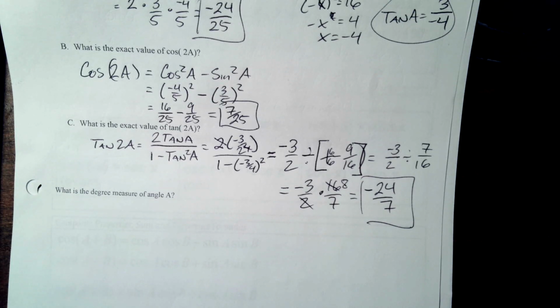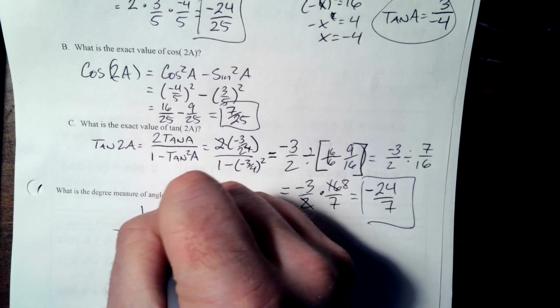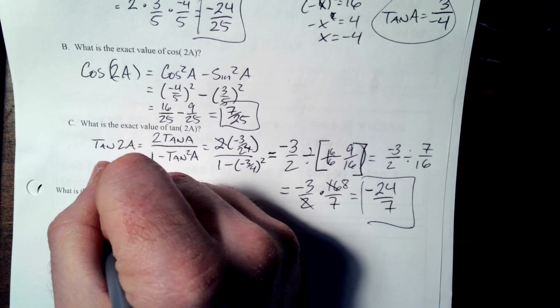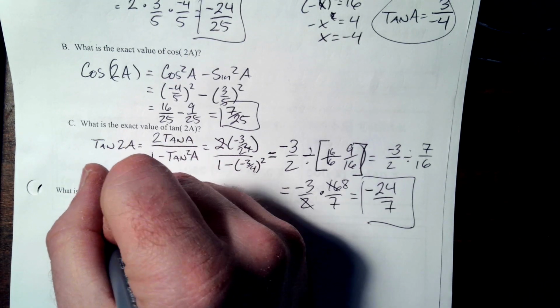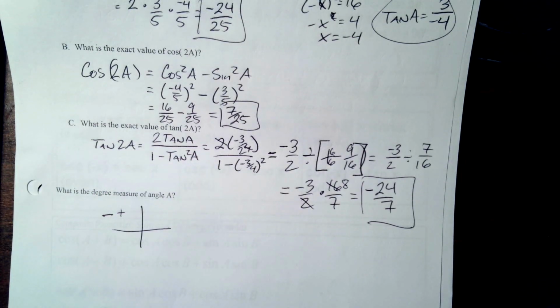And again, a little bit of review to go back to some of the things that we need to remember from semester 1. What is the degree measure of angle A? We can take a sine inverse or a cosine inverse to find that, but remember we are in quadrant 2. So in quadrant 2, our x needs to be negative and y needs to be positive.